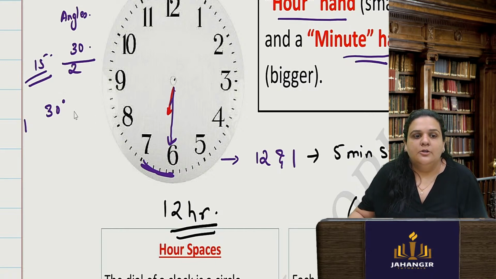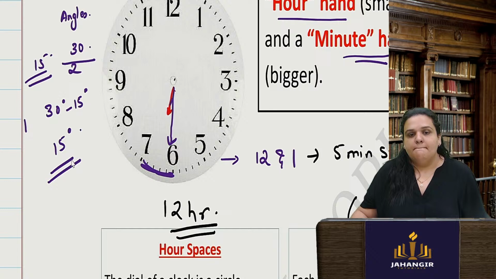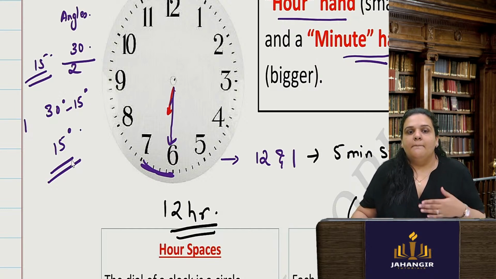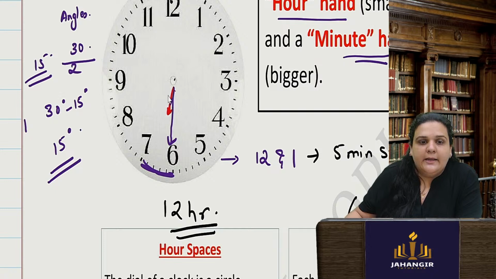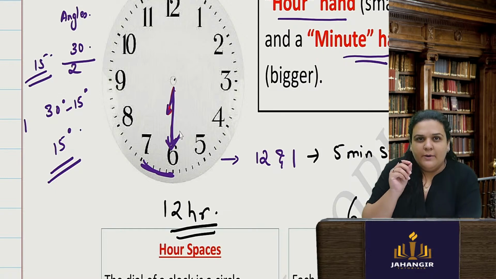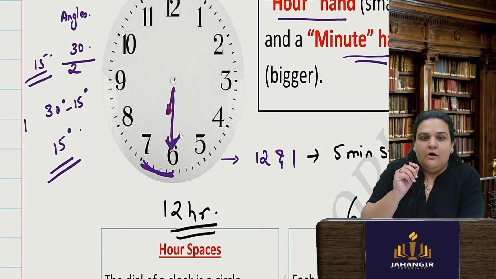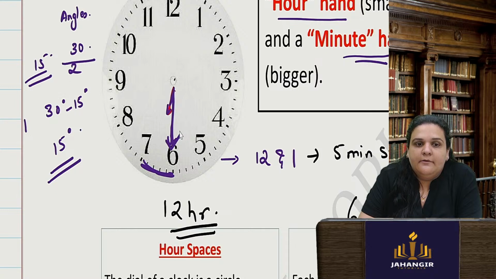Now here you are going to subtract it. 30 minus 15, 15 degrees. Why are you going to subtract it? Because here basically the hour hand is a little bit ahead of the minute hand, because it is 6:30.